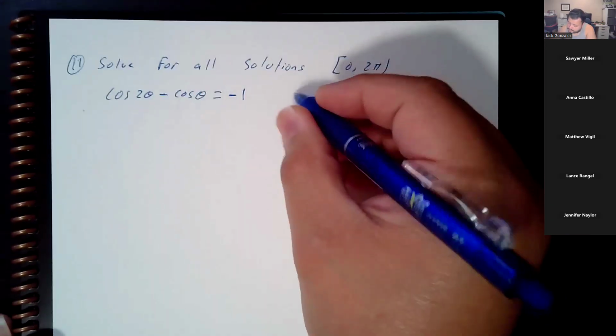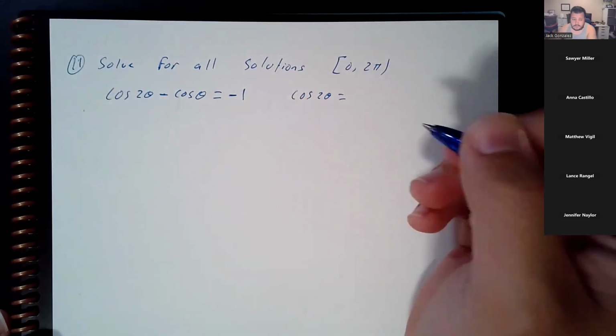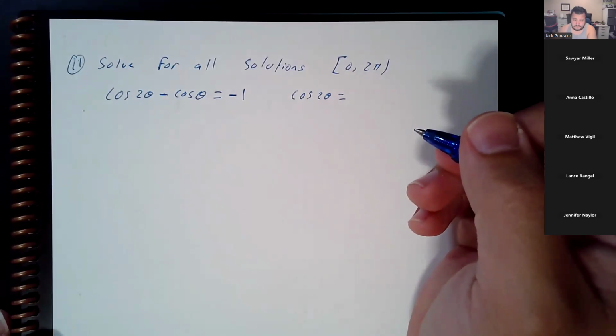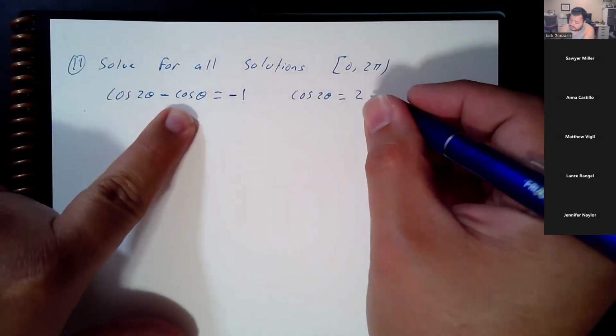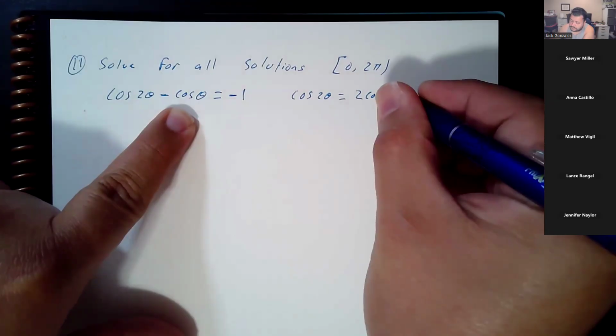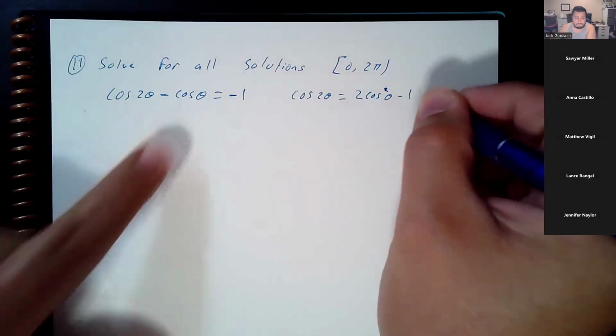We have three different formulas for cosine double angle. The one I'm going to choose is the one that has cosine in it, so that way we can factor this.